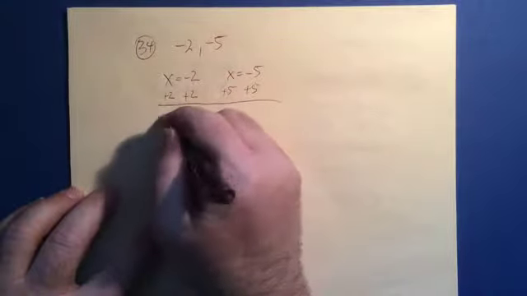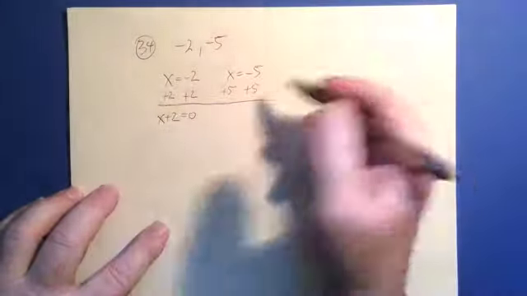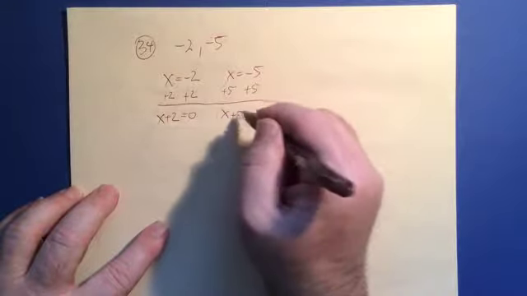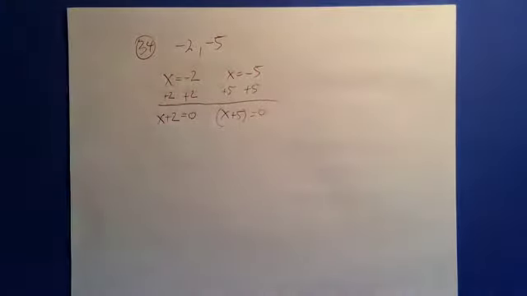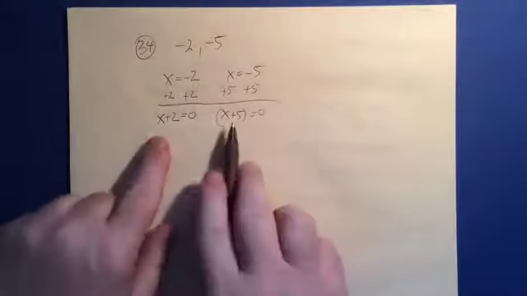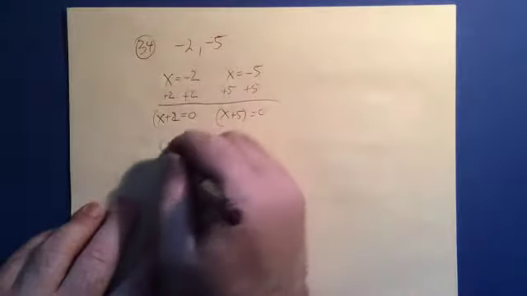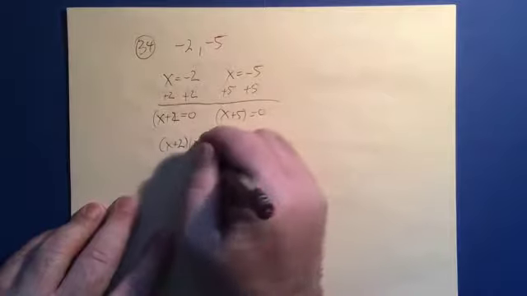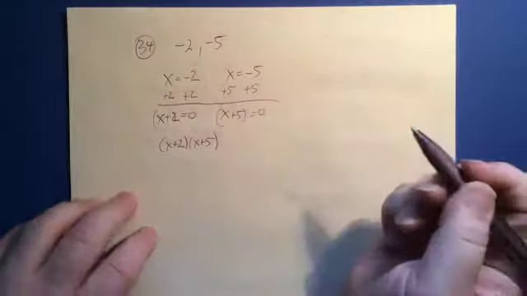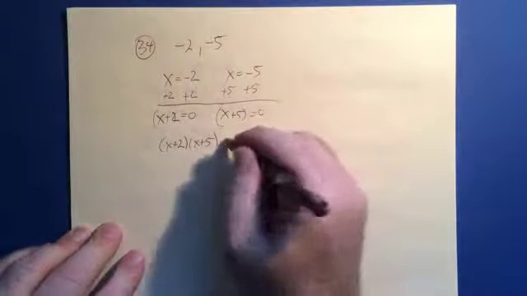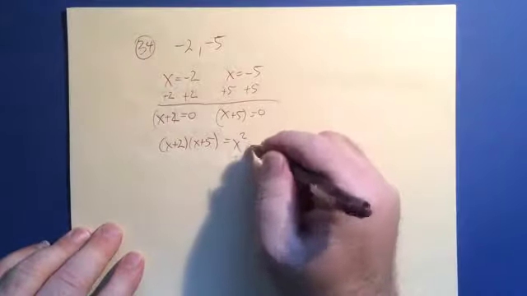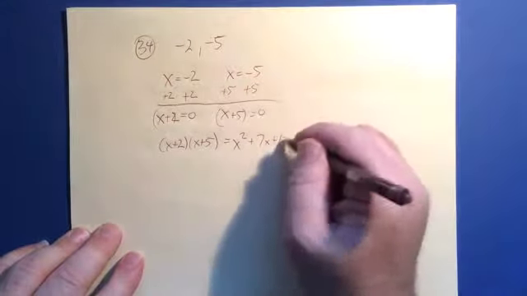So here I'm going to have x plus 2 equal to 0 and x plus 5 equal to 0. Now I'm going to take x plus 2 and x plus 5 and multiply them. When I do so, I should get the result of x squared plus 7x plus 10.